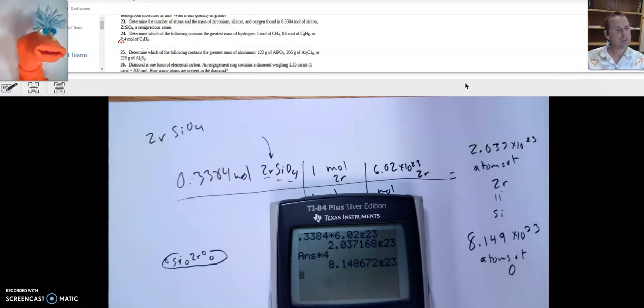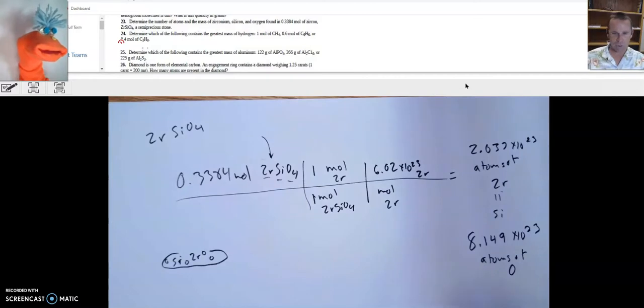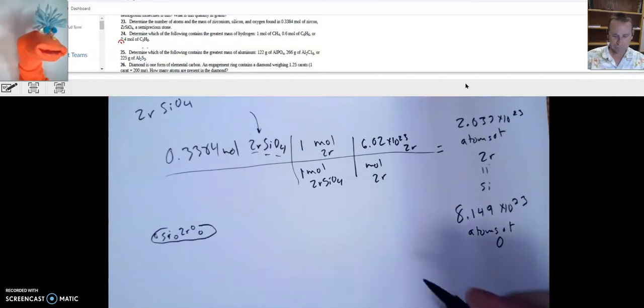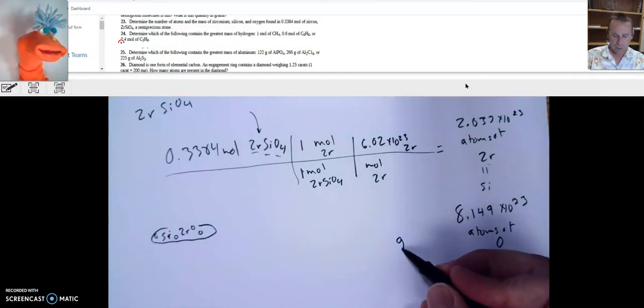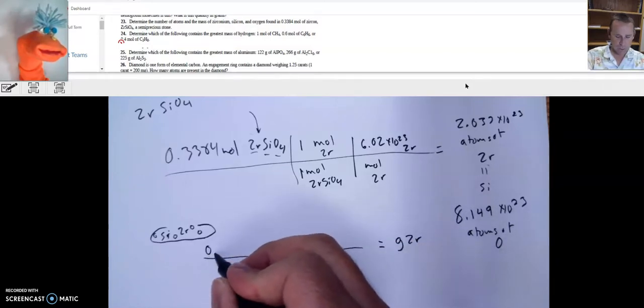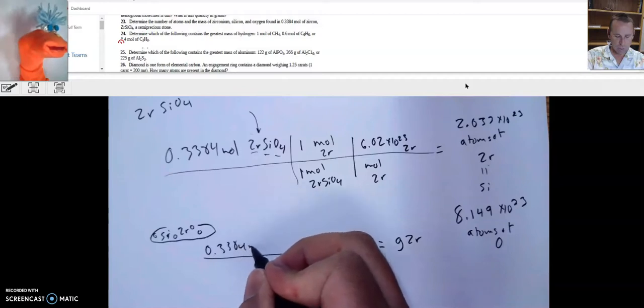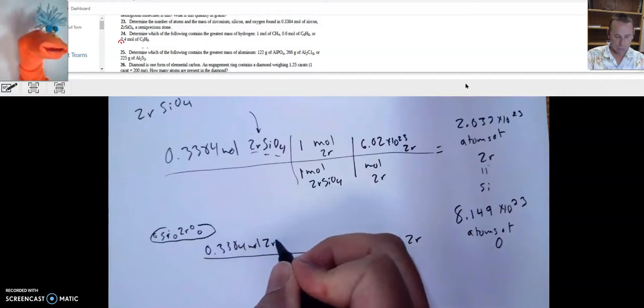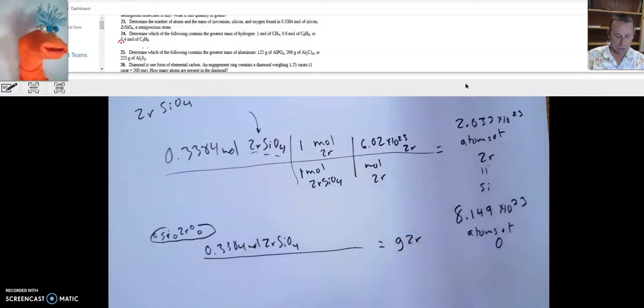All right, now it says number of atoms and the mass of all of these. So if I want grams of zirconium, and I start with 0.3384 moles of zirconium silicate or zircon, can I get from moles to grams there?